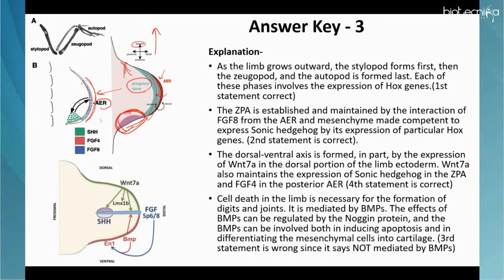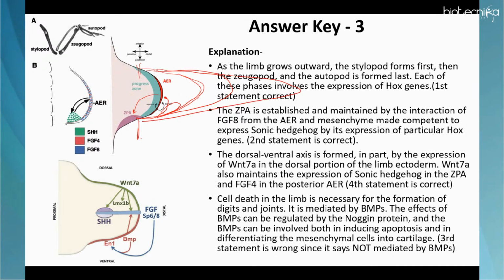They are progressing forward, right? So the AER is giving signal to the ZPA, and the ZPA is giving signal to the AER. So they maintain each other. That is why as the limb extends out, the AER migrates, and along with that the ZPA also migrates, because you want the anterior posterior axis formation in the entire limb, right?